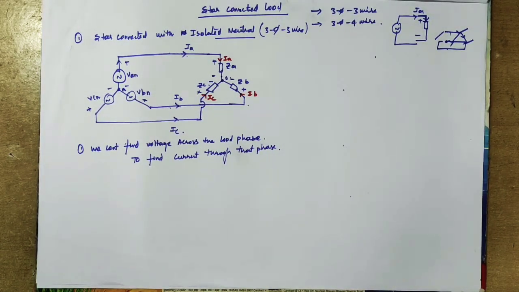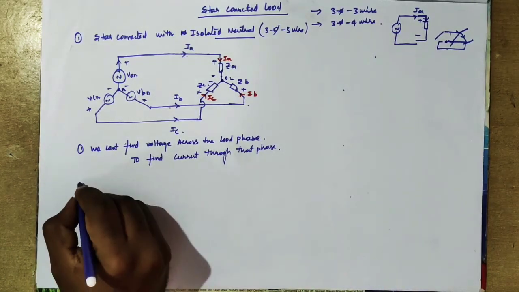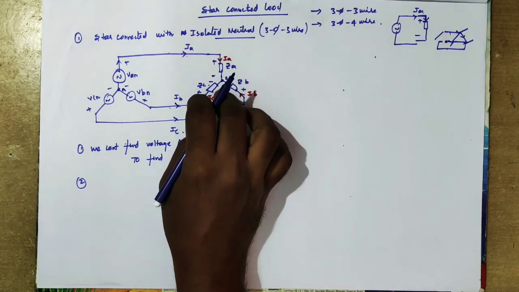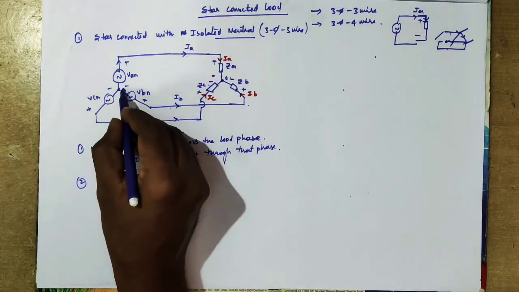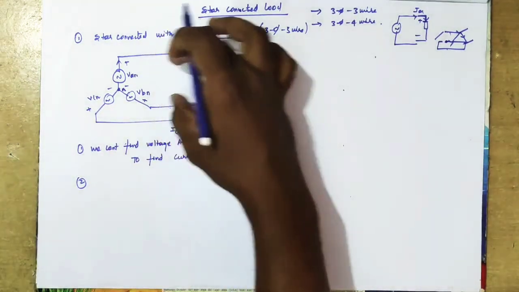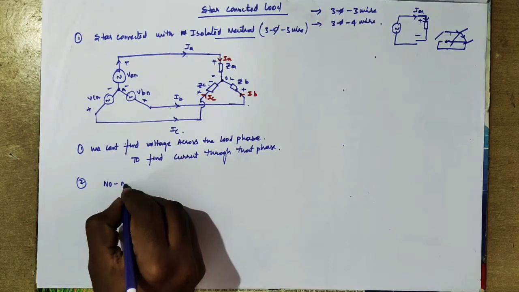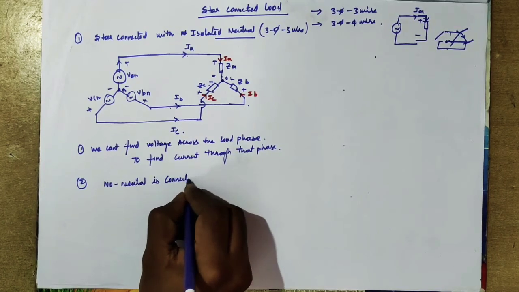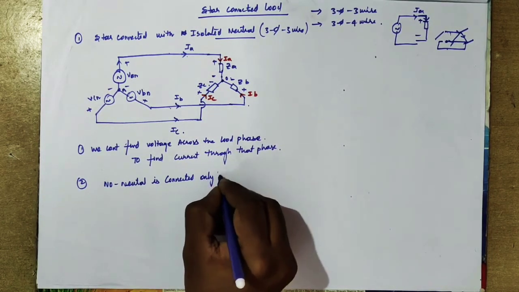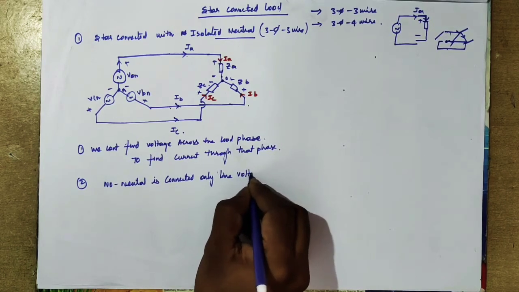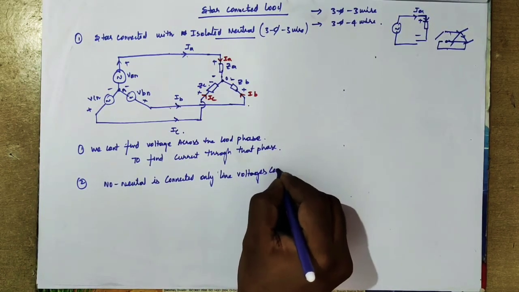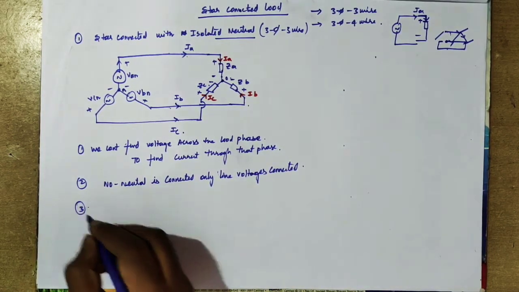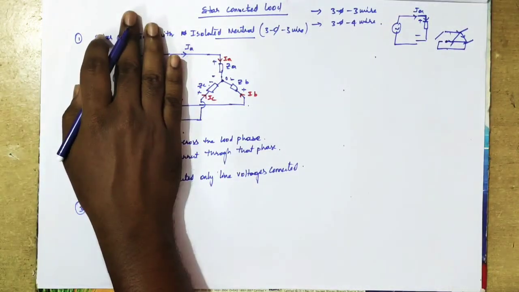Another observation is, in the three-phase three-wire system, that is, isolated neutral, no neutral is connected, only the line voltage is connected. And I am saying that the source is a balanced one.